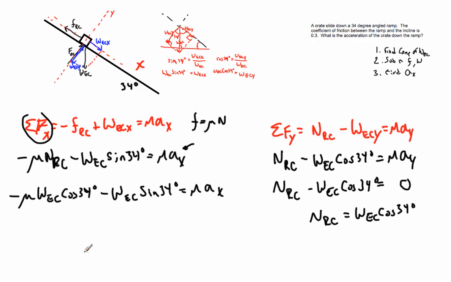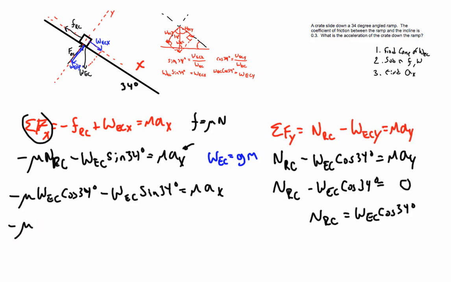It still doesn't look like we can get to a solution, except that we also know, we do this in blue, that the weight of the object, earth on crate, is equal to G times M. And so wherever I have a weight, I can insert G times M. Let's see that here.